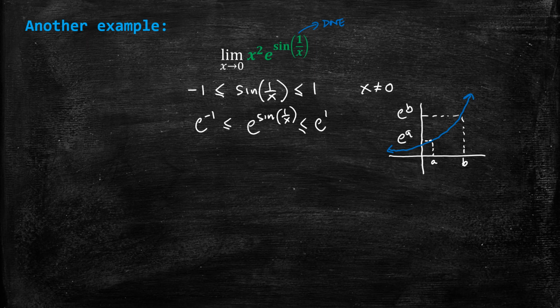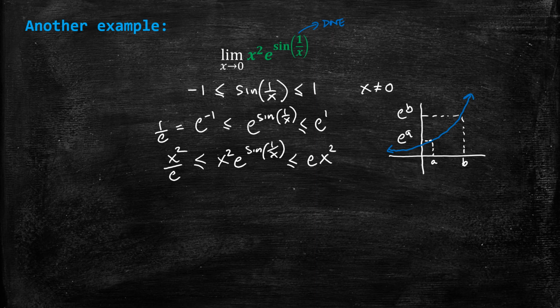This would not be true if the function was oscillating or decreasing, but with e this is true. And we see that this is the same as 1 over e. So at this point we can multiply by x squared, and we get x squared e to the sine 1 over x is less than or equal to e x squared, and greater than or equal to x squared over e.